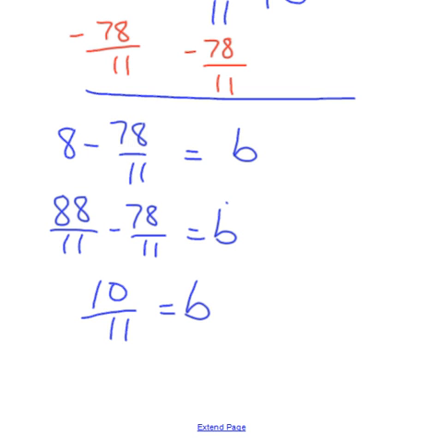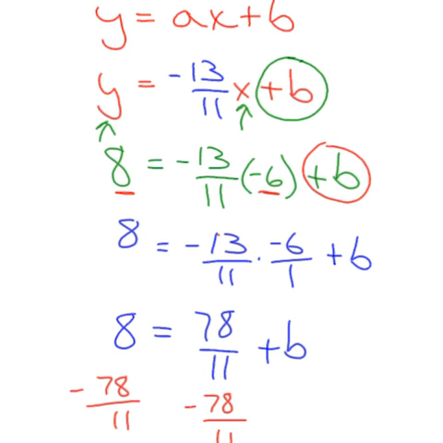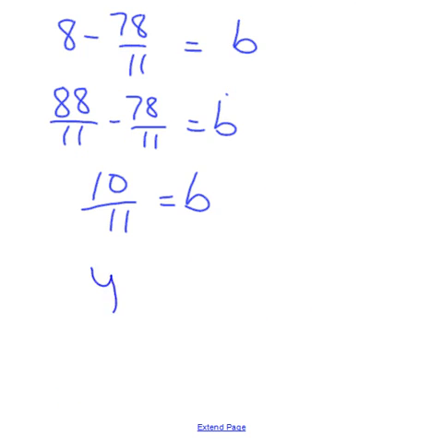So now we have b, so we have to go way back up and find our equation with -13 elevenths as the slope. So we had y equals -13 elevenths x plus b, and now we know what b is.